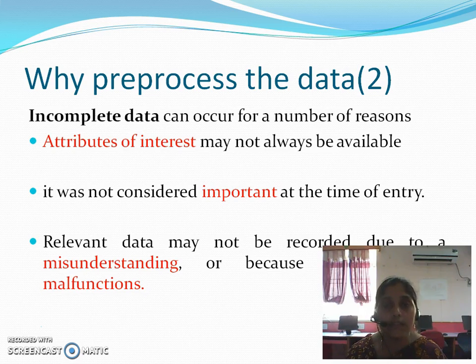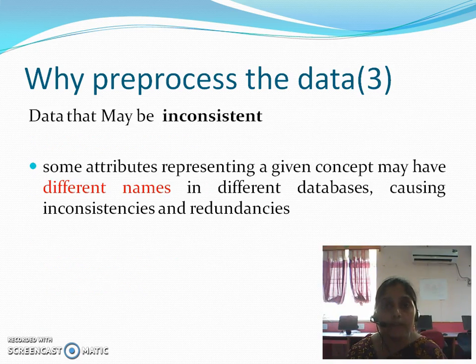None of this is known by the people, so they leave it as it is. They won't fill in that data. Or sometimes the relevant data may not be recorded due to misunderstanding, or it may be that the equipment we are using is not functioning properly. All these are reasons for incomplete data.